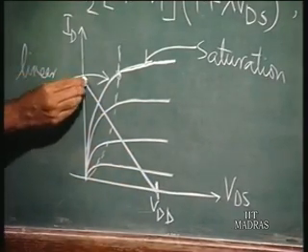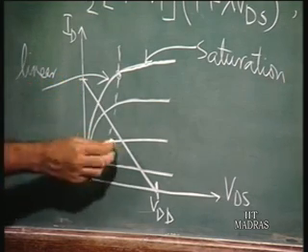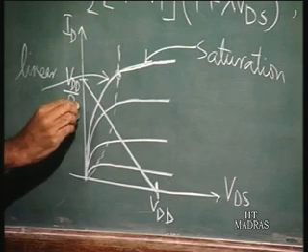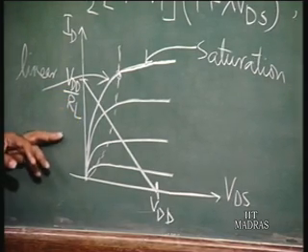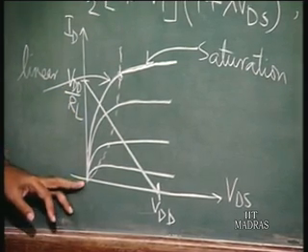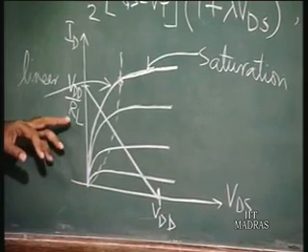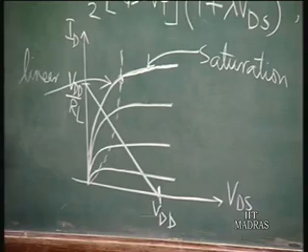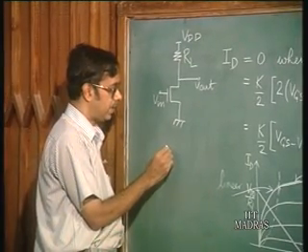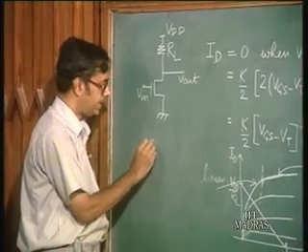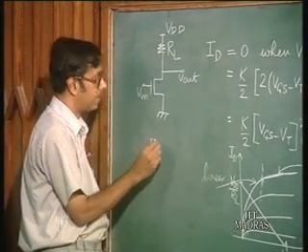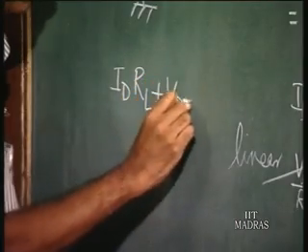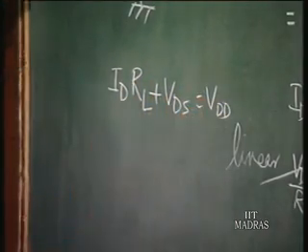So, here this intersects at VDD by RL, where L is the load. This is the equation. The load line equation is given by ID RL plus VDS is equal to VDD.